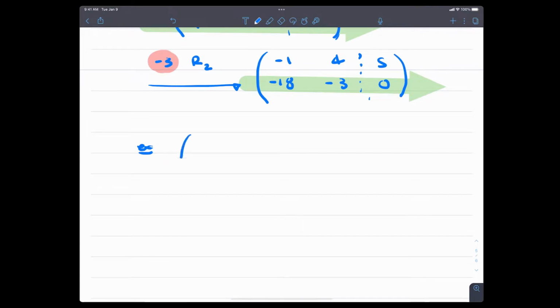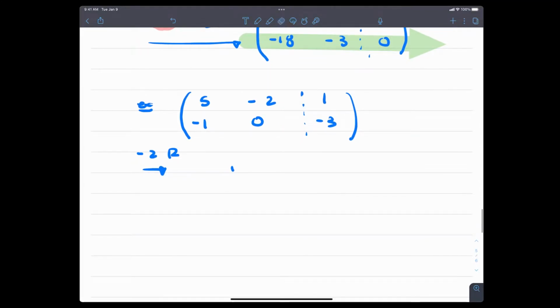Give you another example. Here's my matrix. Let's say it's 5, negative 2, 1, negative 1, 0, negative 3. I want you to multiply, let's say, negative 2 times row 1. Okay, and also I'm going to say this. Have you guys do two things. Multiply 3 times row 2.